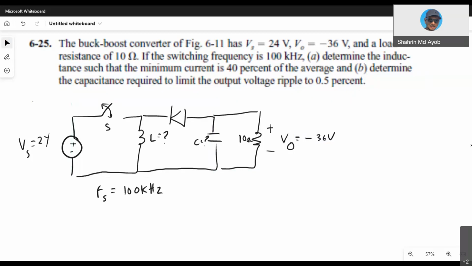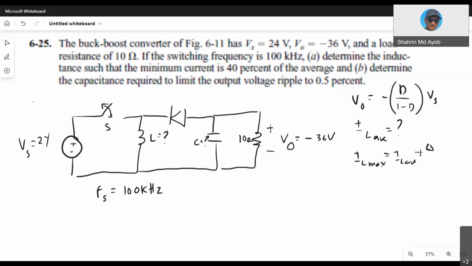You don't need to memorize, just use the common equations that I have already explained. But the thing you need to know, this is very important: D over 1 minus D times V source. And then IL average, what is the equation? IL max is IL average plus delta IL over 2, and IL min is IL average minus delta IL over 2.